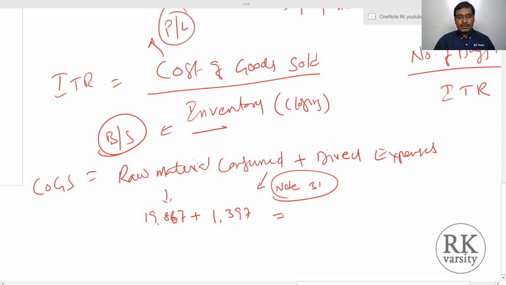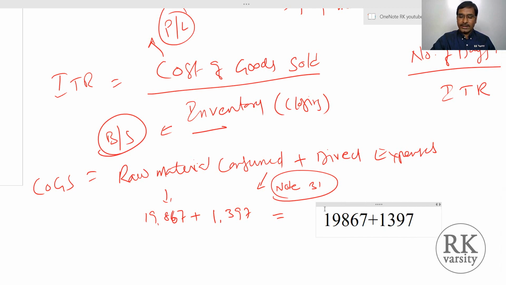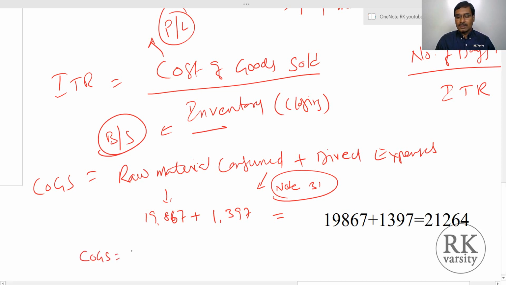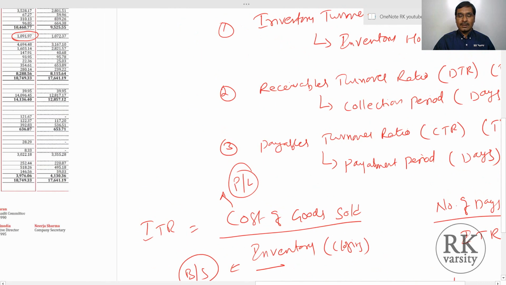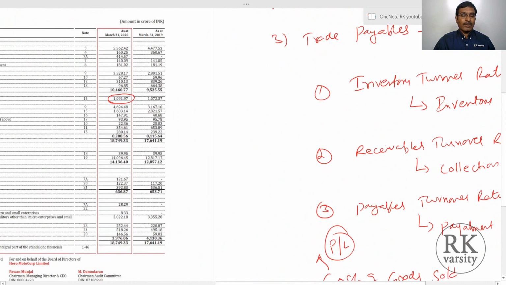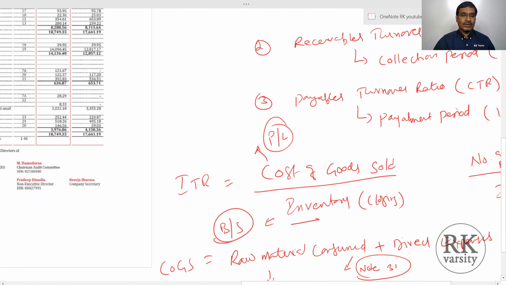So these are your cost of goods sold, that is 19,867 plus 1,397. So 21,264 is the COGS. Then your average inventory from the balance sheet, you can find out, average inventory is 1091.97, let us say 1092.